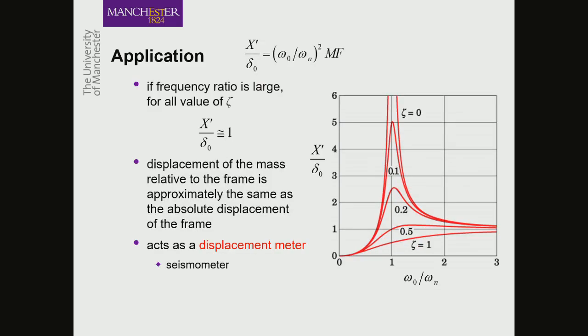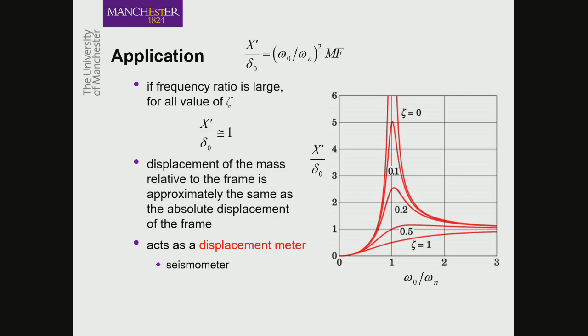This is our equation that we derived just now, and as you see, this ratio gets closer to 1 for the high frequency levels. As I explained earlier, the overall displacement of the frame, the whole system, and the displacement of the mass become equal, which means that you can use the system as a seismometer.